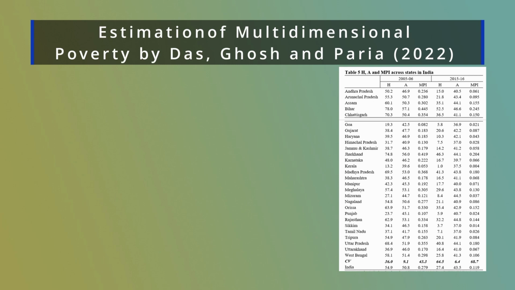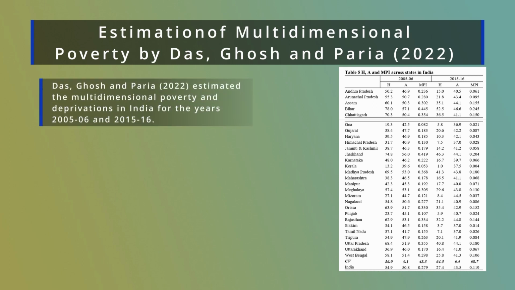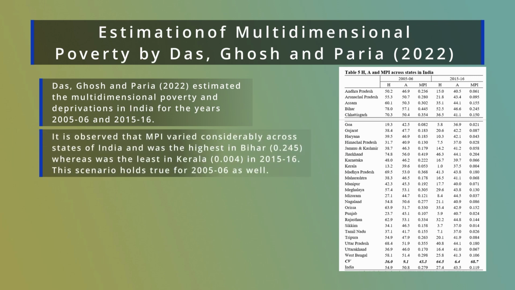Side by side, we also look at the speed of reduction of multidimensional poverty during the decade 2005-6 to 2015-16. This change we cannot understand from the measurement of Niti Aayog, because that measurement is only for the year 2015-16.